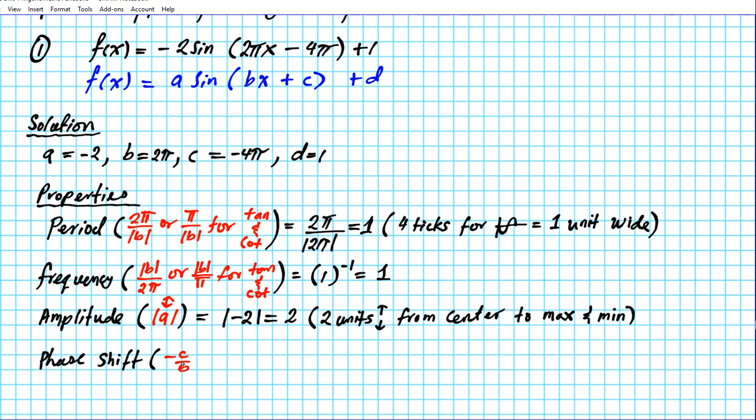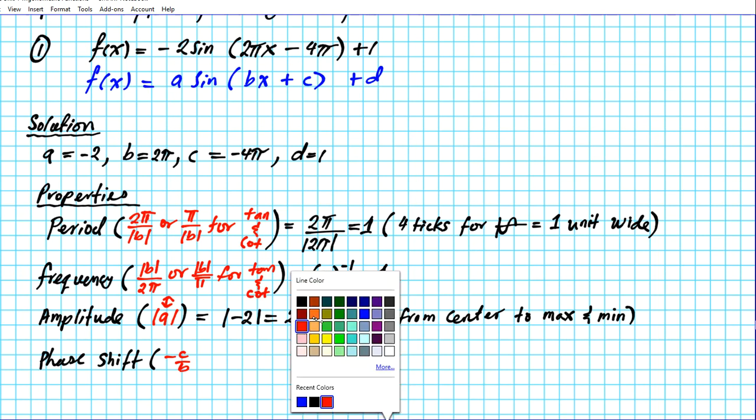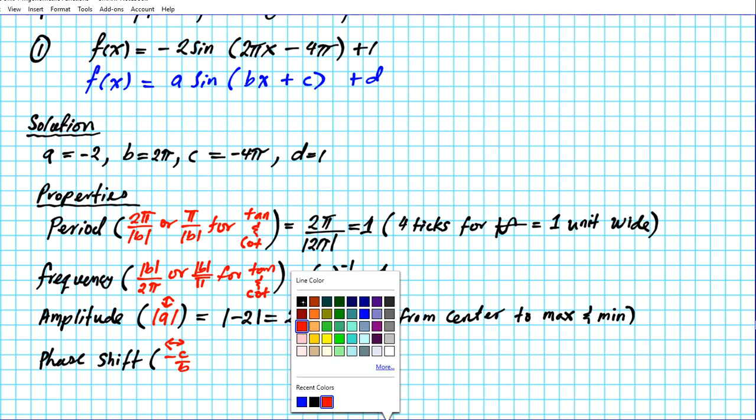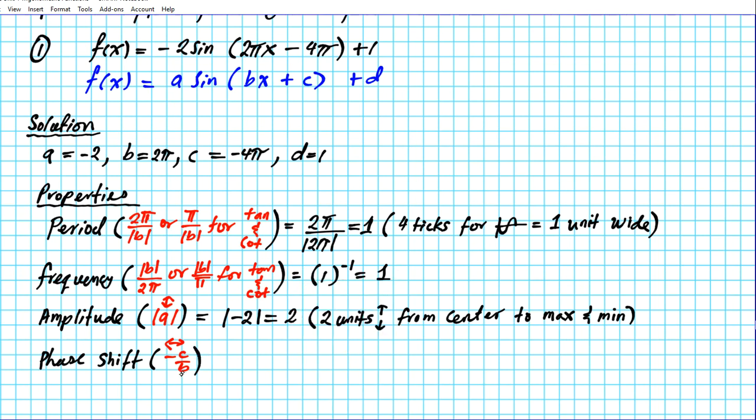Now, the phase shift is just another fancy word for horizontal shift. So just keep in mind that the phase shift is going left and right. That's how the phase shift affects the graph. We'll look at that value, and it tells us which shift to the left or right we're going to be making from the original origin.